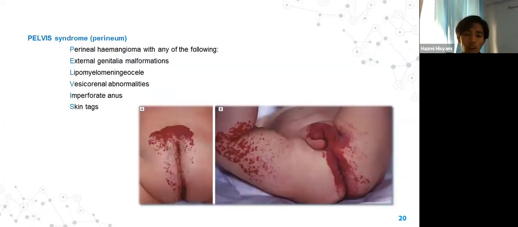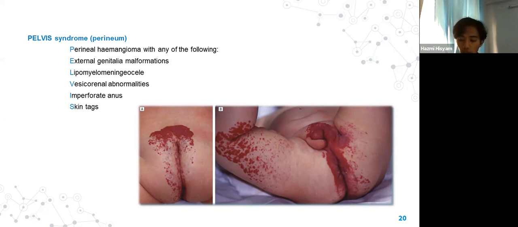Next is PELVIS syndrome. PELVIS syndrome is a large segmental hemangioma that occurs at the perineum. It may be associated with external genitalia malformation such as hypospadias, micropenis, or penile abnormalities. The L is lipomyelomeningocele. It is a birth defect of the child's backbone, as there is a fatty mass at the back of the body of the patient.